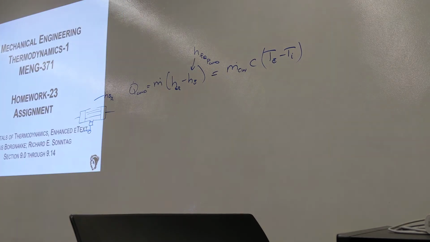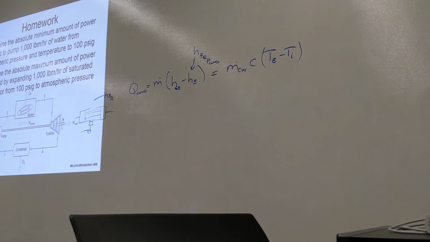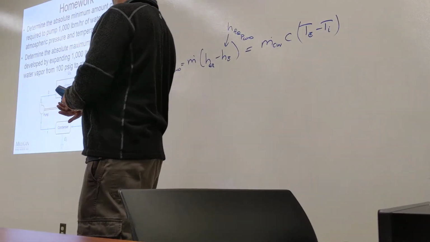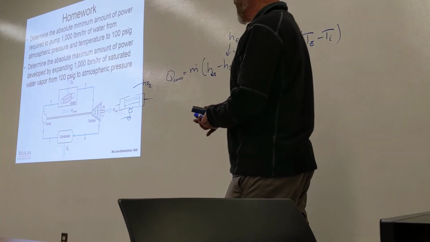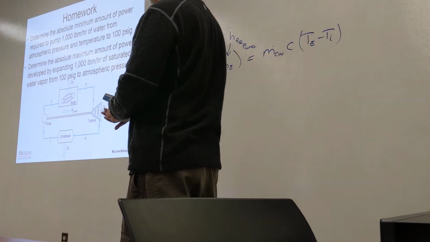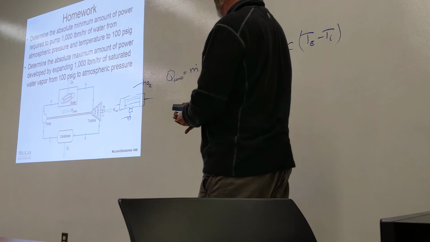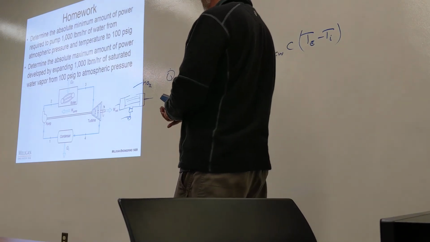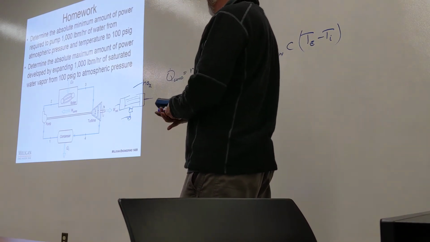Here are 2 homework problems. Two. What the heck? Determine the absolute minimum amount of power required to pump 1,000 pound mass an hour of water from atmospheric pressure to 100 psig.